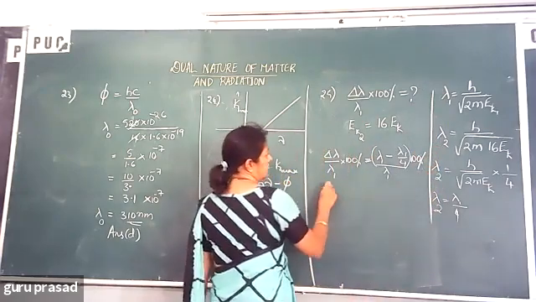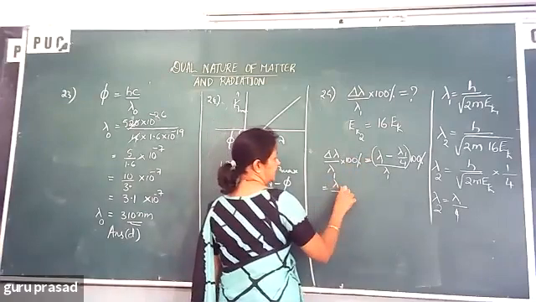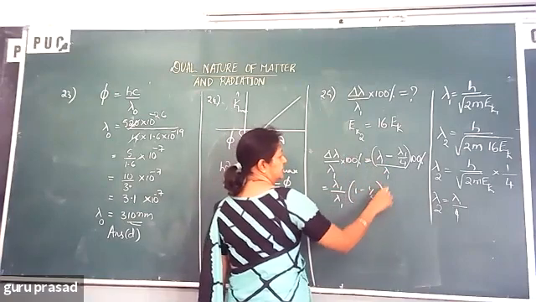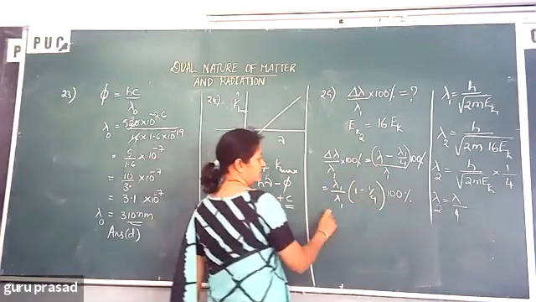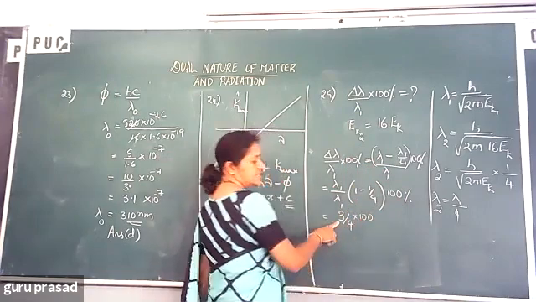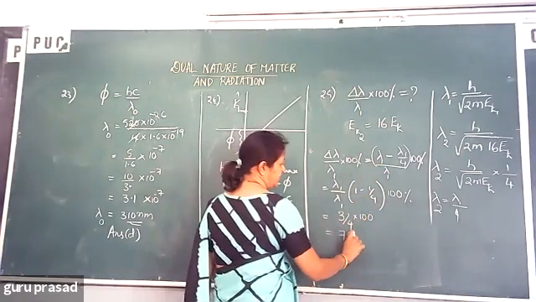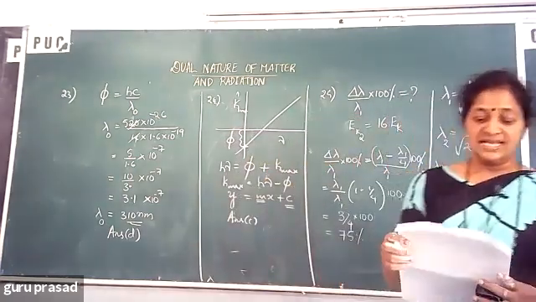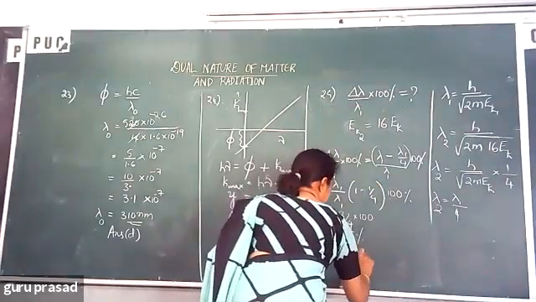Taking lambda 1 common in numerator and denominator, we have 1 minus 1 by 4, into 100%. 1 minus 1 by 4 is 3 by 4, and 0.75 into 100 is 75%. So the percentage change in the de Broglie wavelength is 75%. The answer is B.